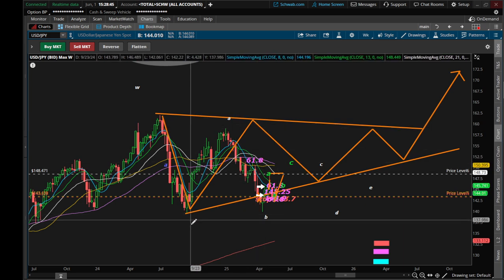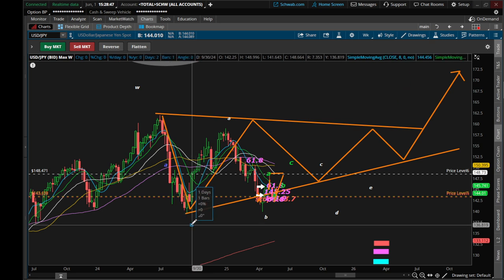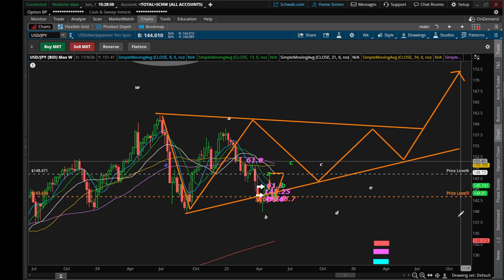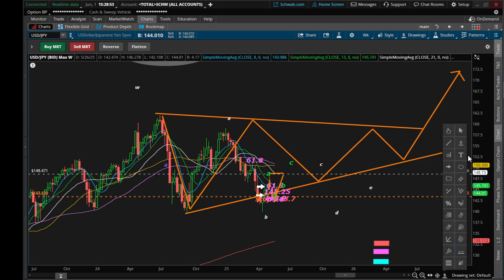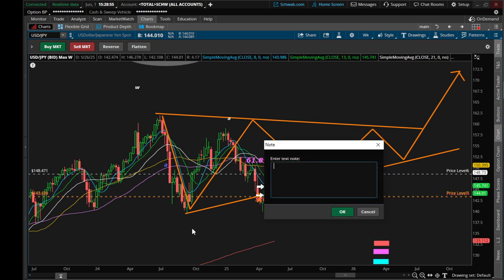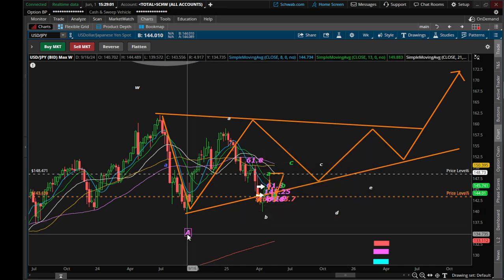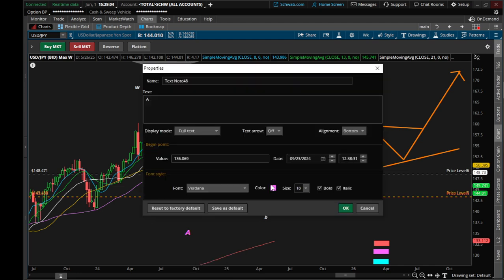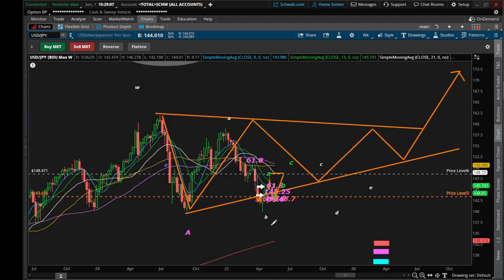Okay. This being A. Let me see if I can label it real quick. So that's an A of maybe a minor degree. Not quite sure right now.